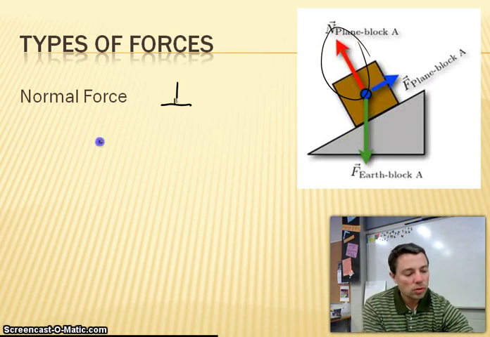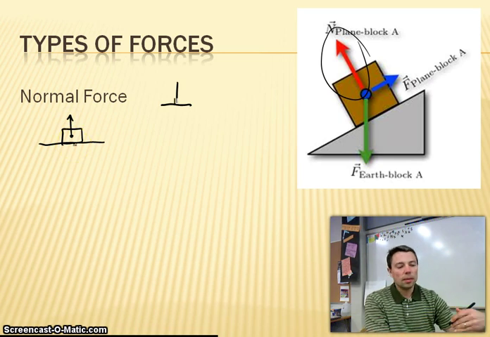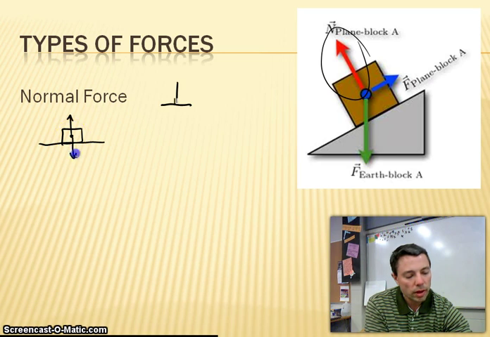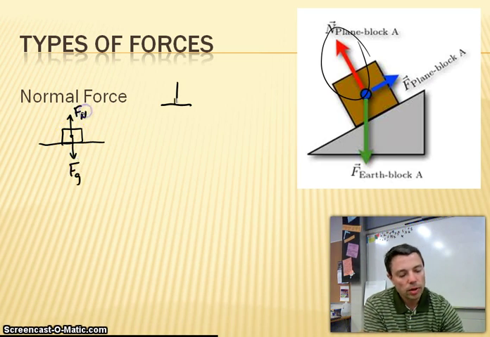If my surface was a flat surface and I had a block sitting on it, my normal force would act perpendicular to my surface, but it acts directly opposite my weight. So Fg could act that way, where Fn would act this way.